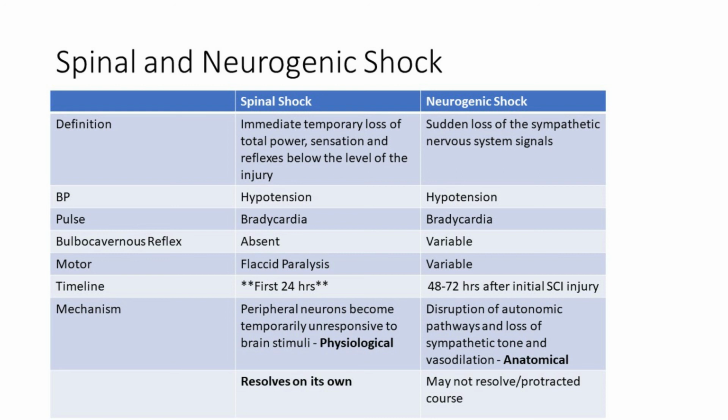That's different from neurogenic shock, where you also get hypotension and bradycardia, but you don't tend to get the changes in the bulbocavernosus reflex. You don't tend to get complete motor flaccid paralysis. That's more of an anatomical loss of the sympathetic nervous system signals, and typically occurs in the first couple of days after injury.